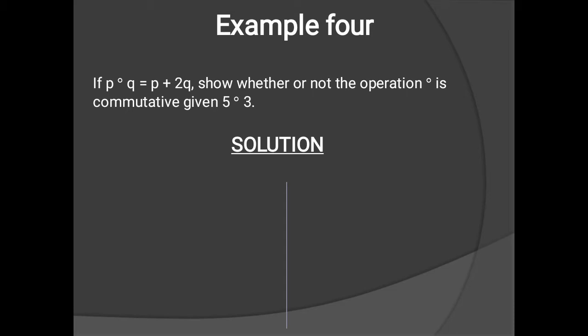For it to be commutative, P operation Q should be equal to Q operation P. But over here you have been given the operation, that is 5 operation 3. So for it to be commutative, 5 operation 3 should be equal to 3 operation 5.